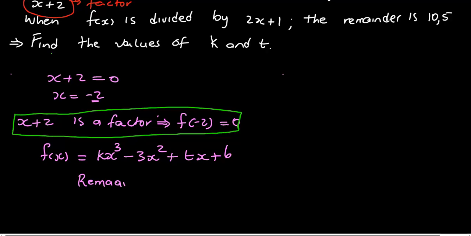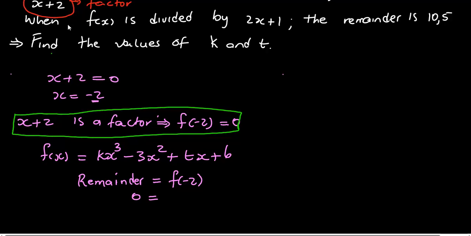We are using the remainder theorem. So this will be the remainder, it's equal to f(-2). But remember, we know that the remainder is what? It's 0. Remember, if it's a factor, f(-2) is 0.